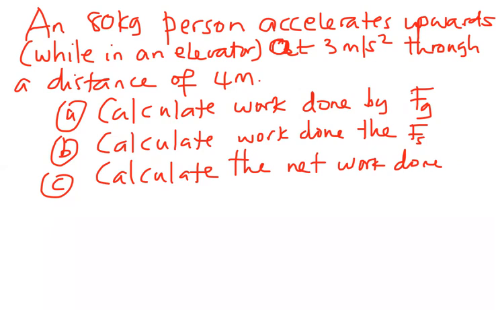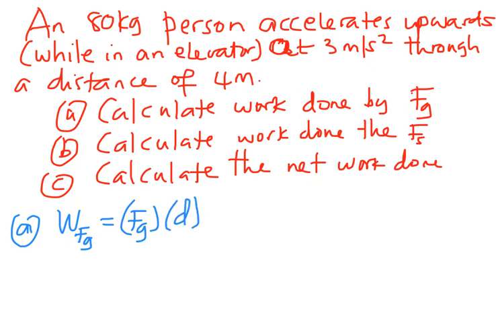First of all, let's look at A. We have to understand that work done by gravitational force will be the force due to gravity times the distance. Since gravity is mg, I have to multiply that by distance, but gravitational force is acting downward and the displacement is upward.